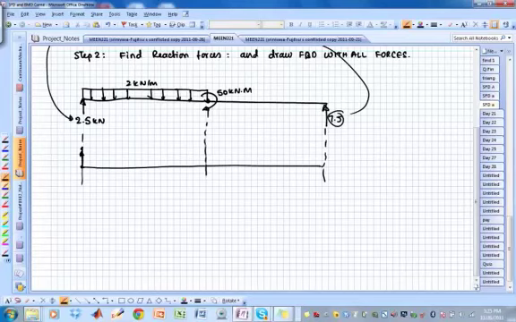And then, as usual, it's always convenient to find the areas. This area will be 2 times 5, that's 10 kilonewtons. So I know that this is going to be down from here by 10. So 2.5 minus 10 is minus 7.5. So it's going to be a straight line that goes like this.